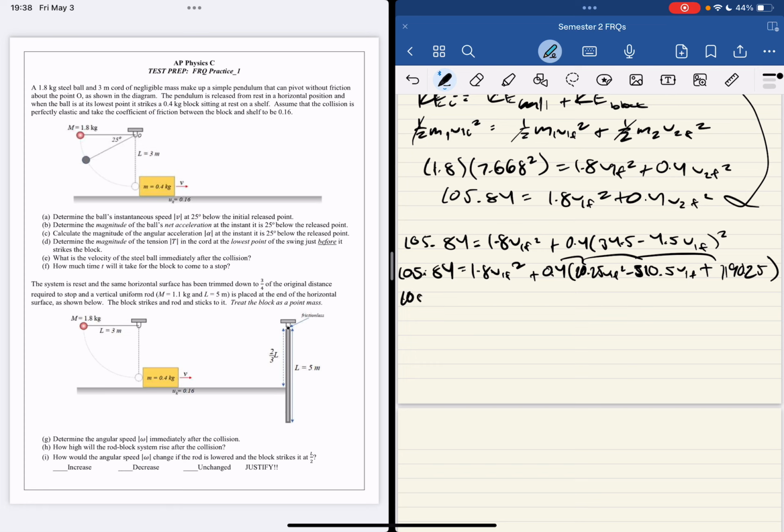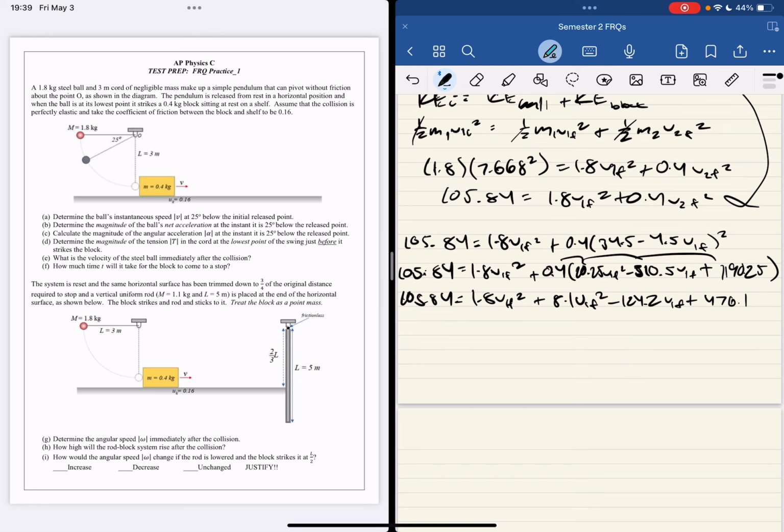So again, 1.8 V1F squared plus 8.1 V1F squared minus 124.2 V1F plus 476.1. Okay, I'm going to simplify one last time.